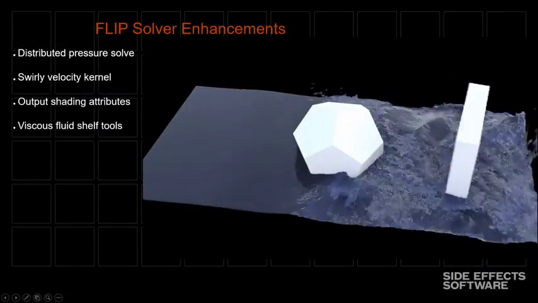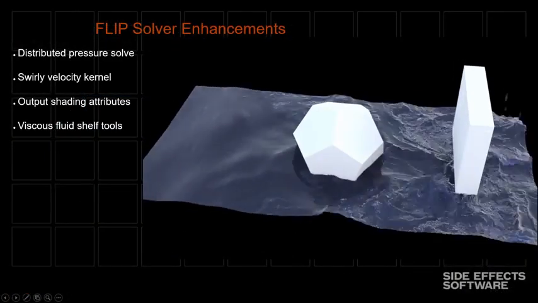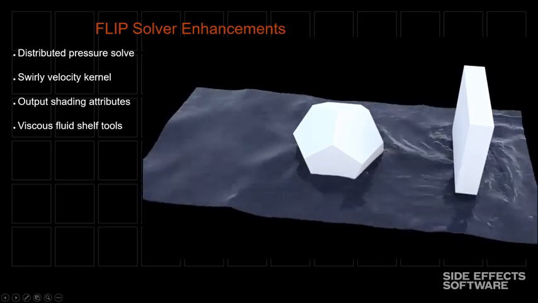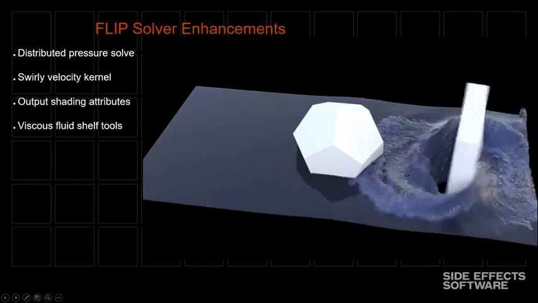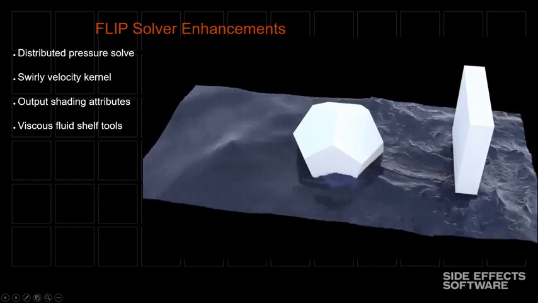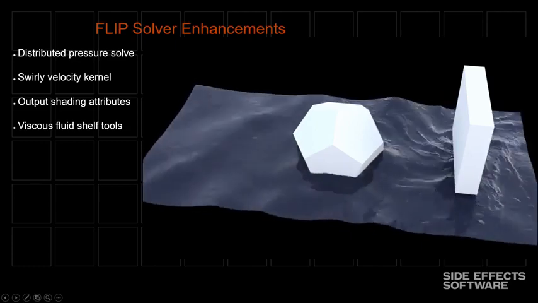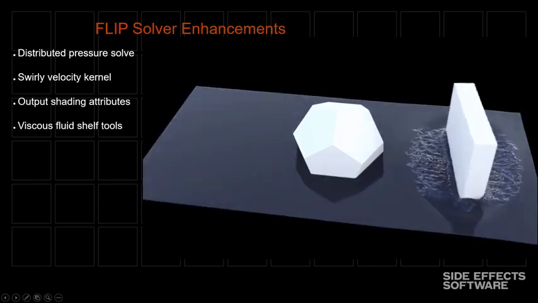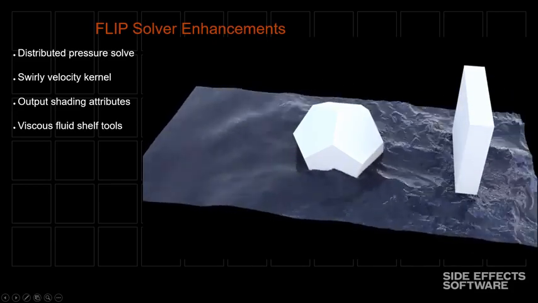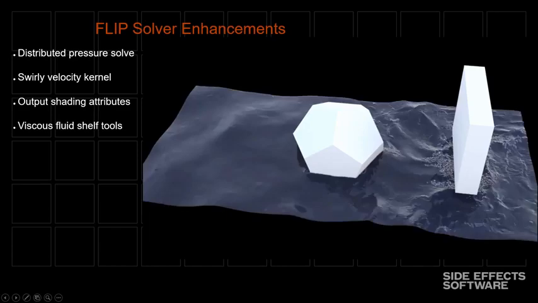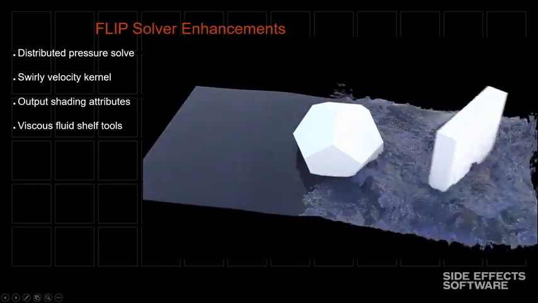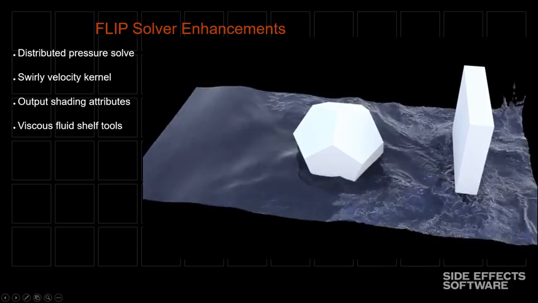So finally, I'd like to go through some flip solver enhancements to the actual solver itself, and also some workflow enhancements around some new additional outputs that we get from the solver. First off, we have a distributed pressure solve, which I'm not going to go into much detail on because, as I said, we're going to have an entire masterclass on distribution. But it's what lets distribution work for tank sims like one you might see here. We've got a new swirly velocity kernel.